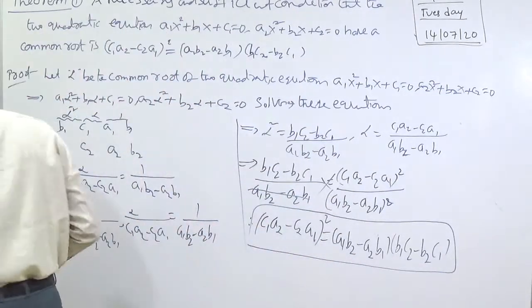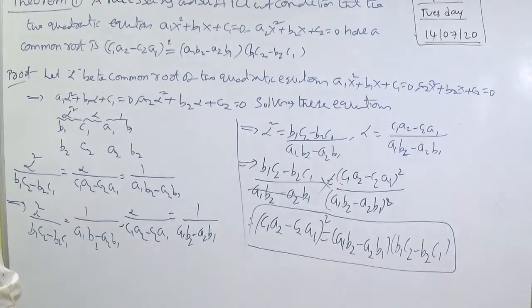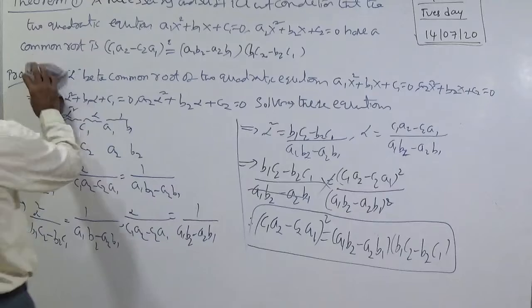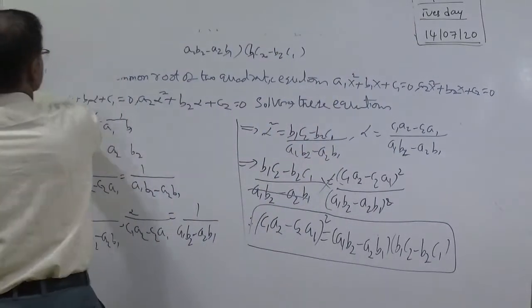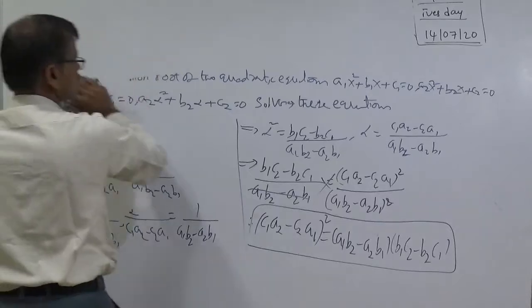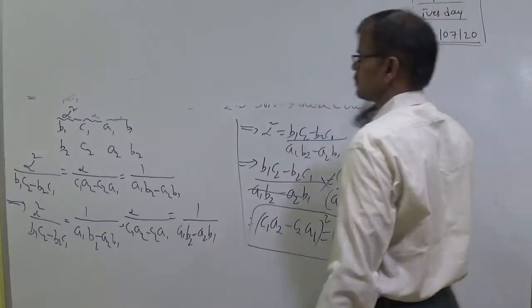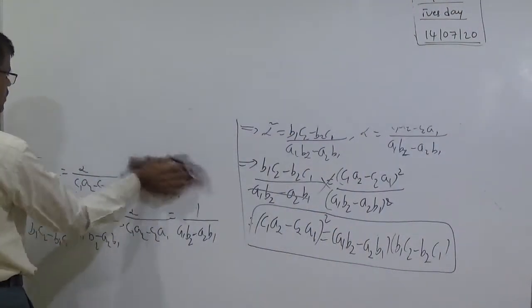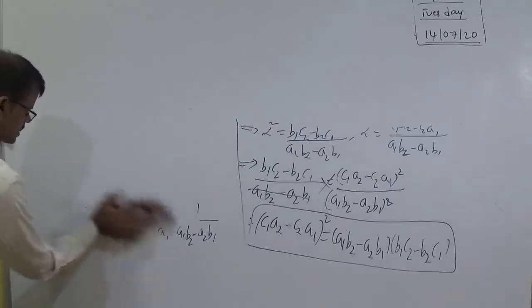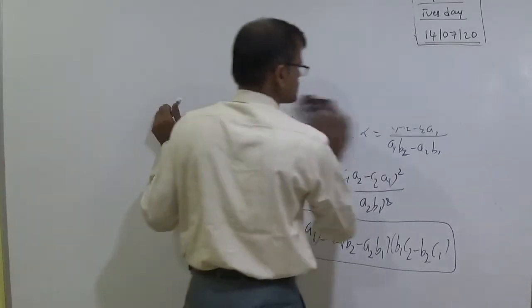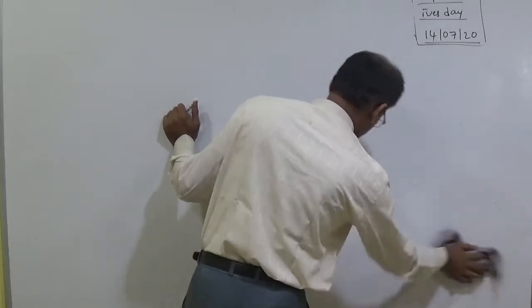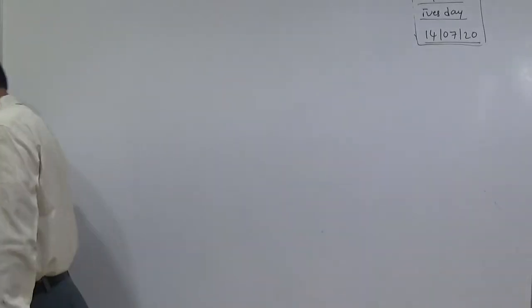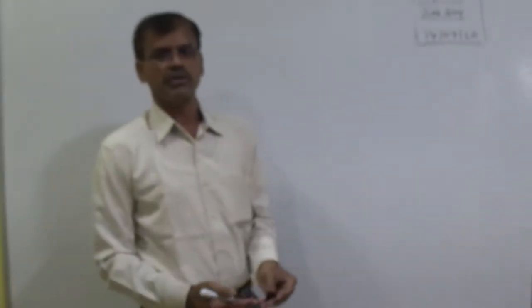Okay, let us discuss the next theorem, next case. Let us discuss an example, page number 71, depending upon the common root concept. Common root is different from identical equation. Students, in the class the day before yesterday, I said that if two quadratic equations are identical, then a1 by a2 equal to b1 by b2 equal to c1 by c2.